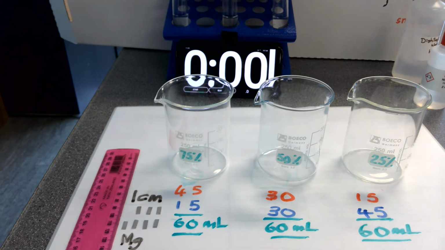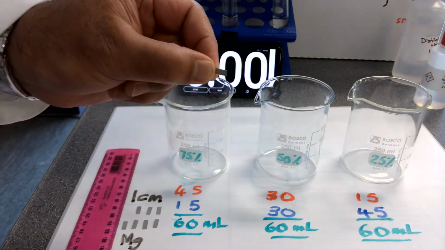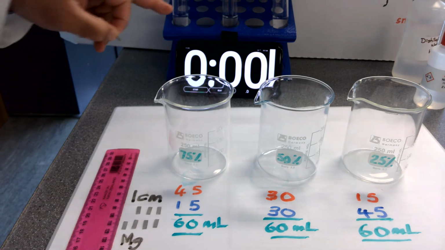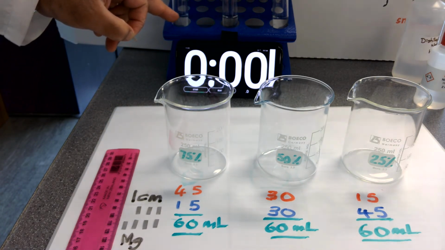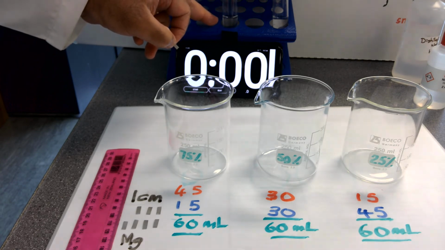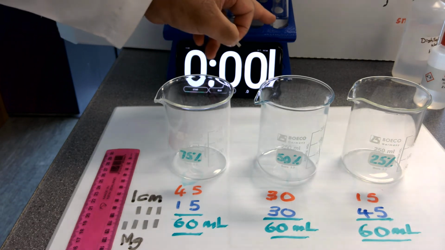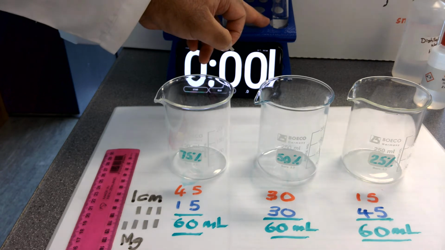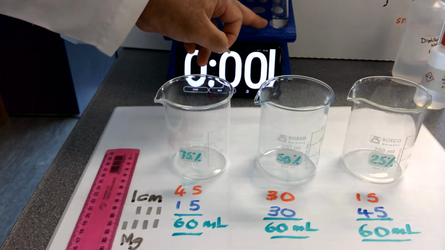Now, as we have done in other experiments, we're going to wait in between adding the magnesium metal to the acid: we wait 30 seconds to add the second piece of magnesium to the same concentration of acid, and then we wait another 30 seconds before we add the last and third magnesium metal to the third test tube.